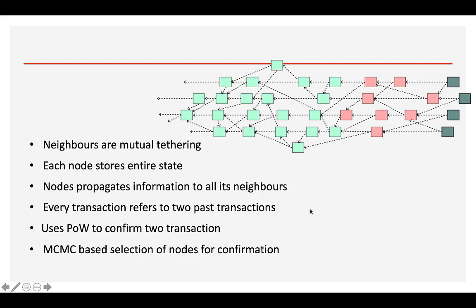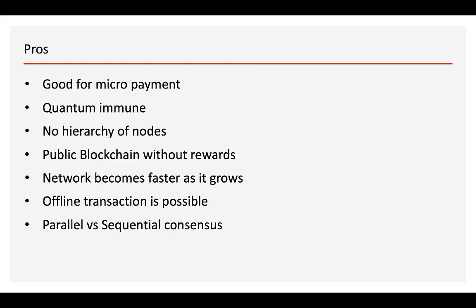Nodes propagate information to all its neighbors. Every transaction refers to two past transactions, and it uses a little proof of work to confirm the transactions in order to avoid spamming. And a Markov chain based selection of nodes is used for choosing the tips. We discussed that a lot in the context of IOTA before.